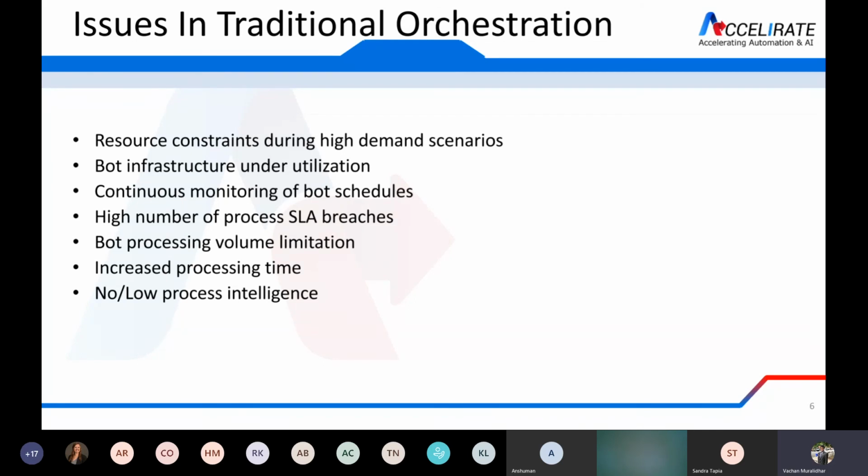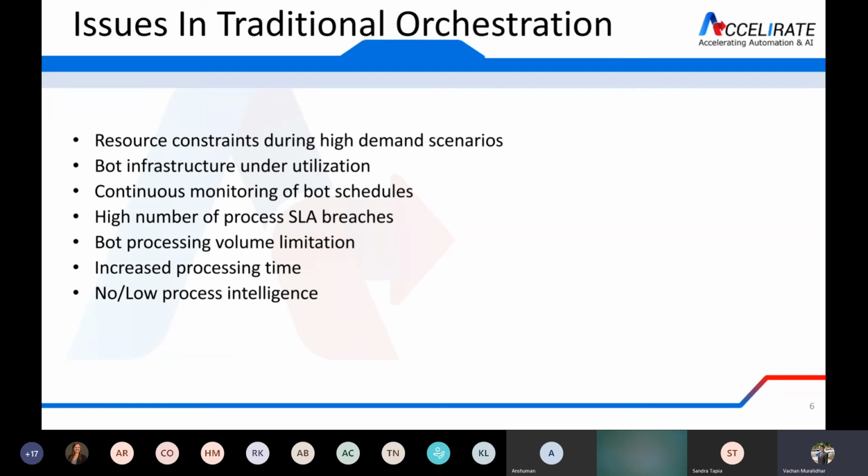SLA breaches are one of the common things because we are not allocating the licenses in an optimal way to the processes. There are a lot of SLA breaches that companies are facing because of this problem. And the volume limitation is related to, for example, if we allocate a fixed number of resources to the processes, there will always be a volume limitation that we will be facing, that the particular bots cannot handle high volume transactions or transactions above the normal.